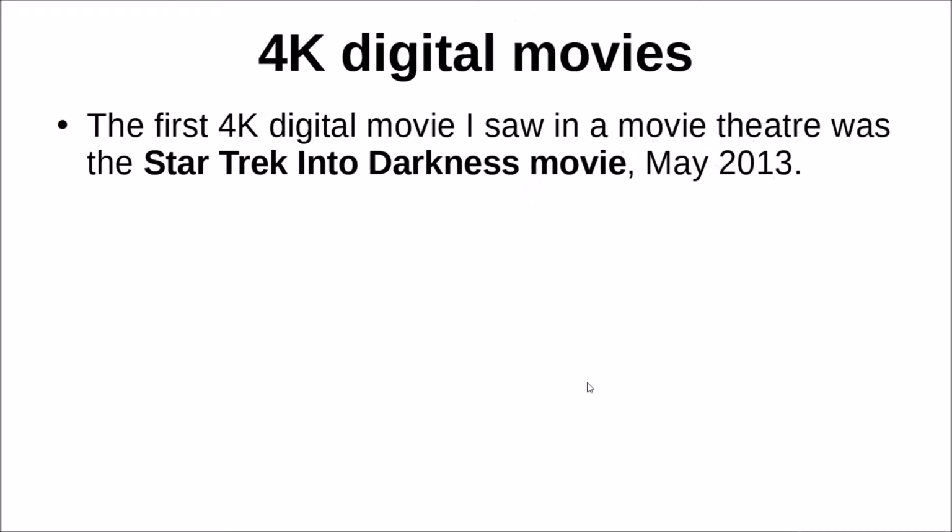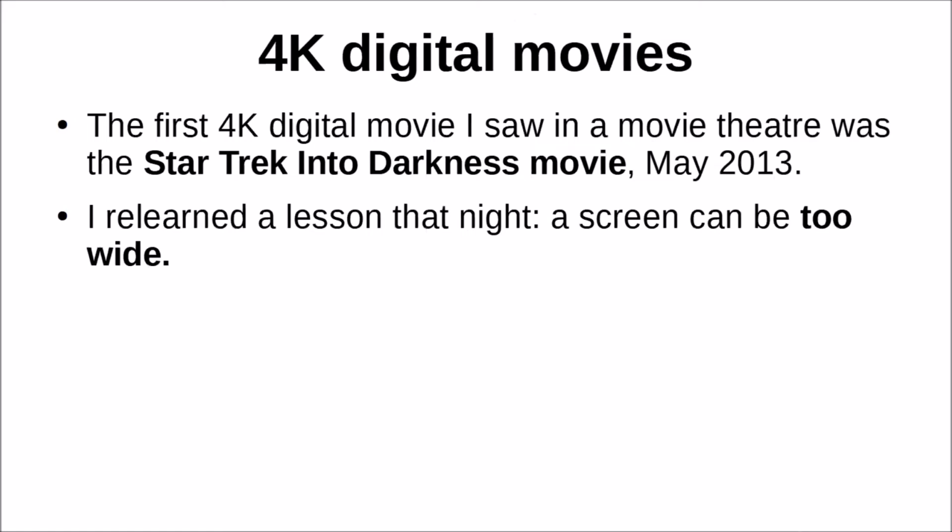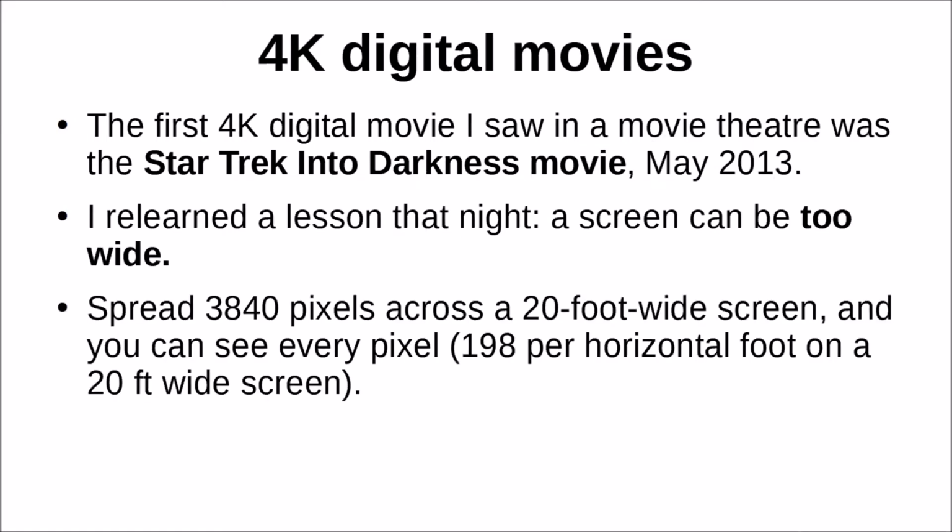The first 4K digital movie I saw was in a movie theater here where I live, Arlington, Virginia, and that was the Star Trek Into Darkness movie in May 2013. Very interesting experience. It reminded me of something I'd learned years earlier. A screen can be too wide. What do I mean by that?